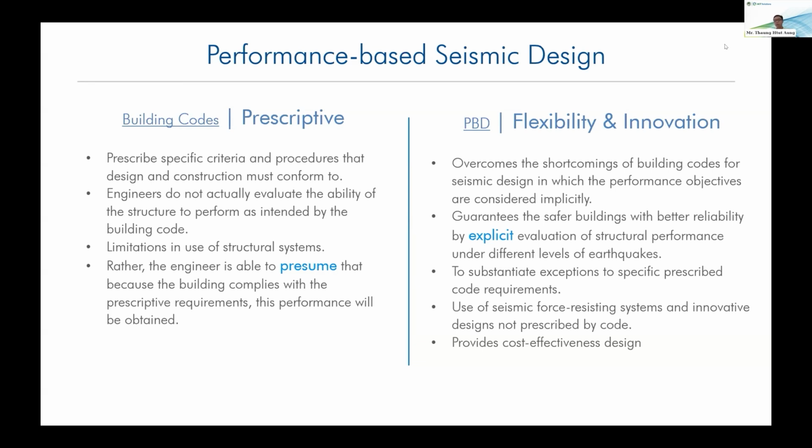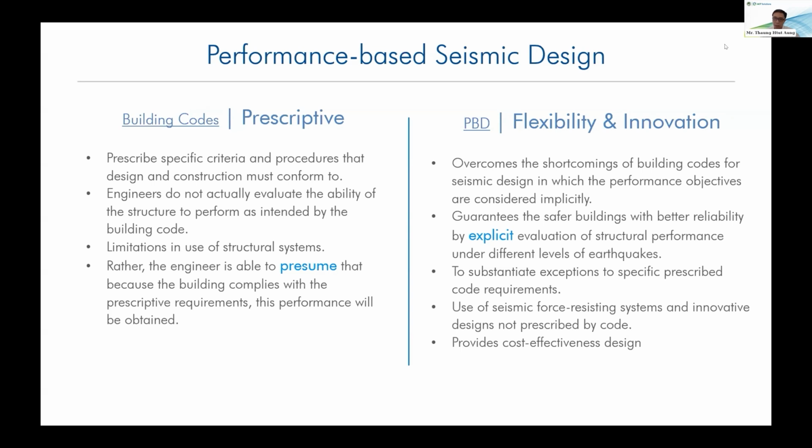But if we follow the performance-based approach, we can explicitly evaluate our structural system for different levels of earthquakes. If we want to use structural systems which are not mentioned in the code or which are beyond the code limitations, we can also verify that they work well under earthquake loading.